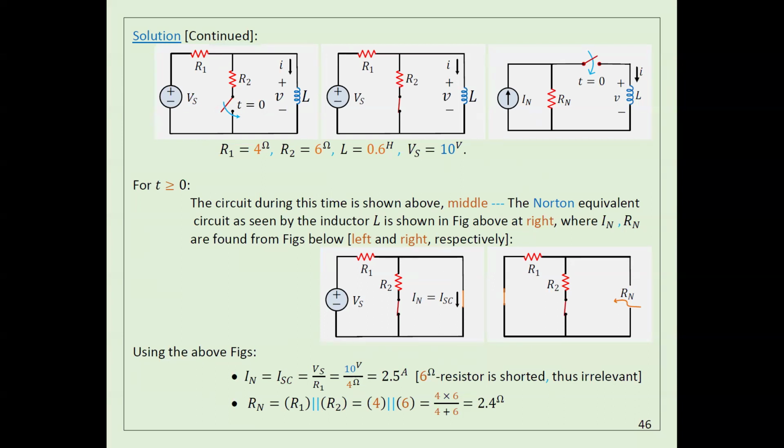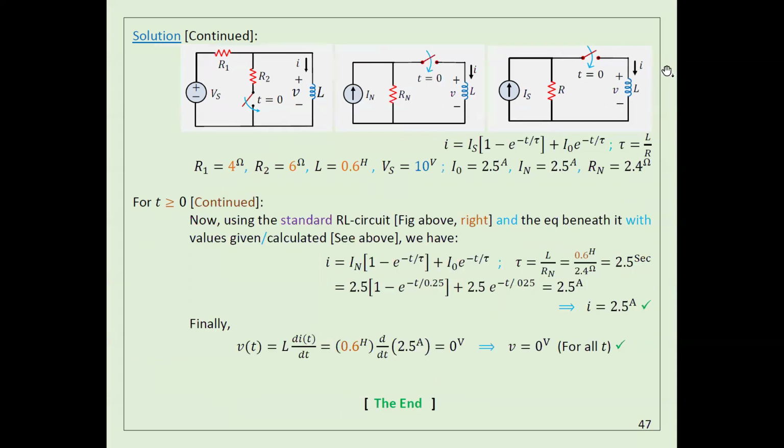Now, how can we find R Norton? For R Norton, we have to short the voltage source this way. And then when I look from here, can anybody tell me what is R Norton? Yes, R1 parallel to R2. Okay, that's it. So now, very easy. Now the circuit becomes something similar to the one I solved before.